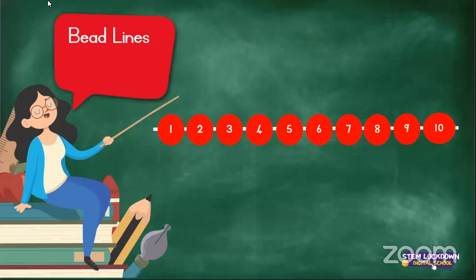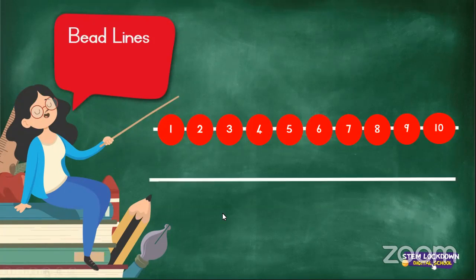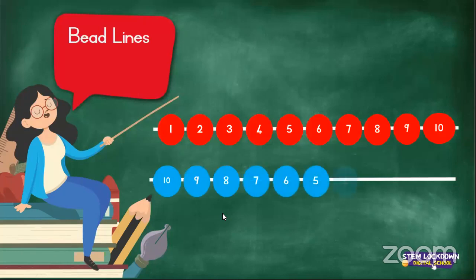Well done. All right. So let's have a look. Now I want you to put your pencils down and I want your eyes to be on the screen. We can also get bead lines going from 10, counting down to 1.